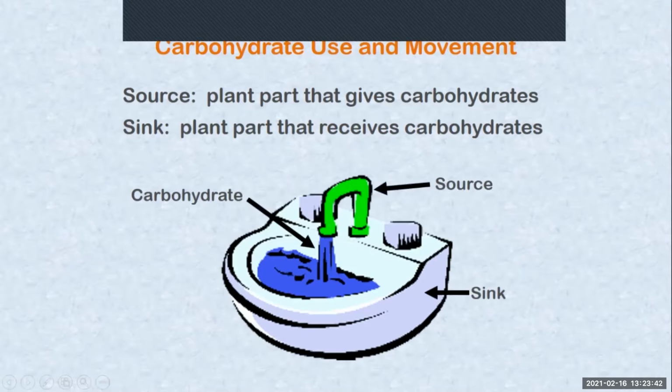So here's a little picture that you can use in your mind to remember source and sink. Your source would be like your faucet. Your sink, of course, is the plant part that receives the carbohydrates, and the water here is representing carbohydrates. So source and sink, source and sink.